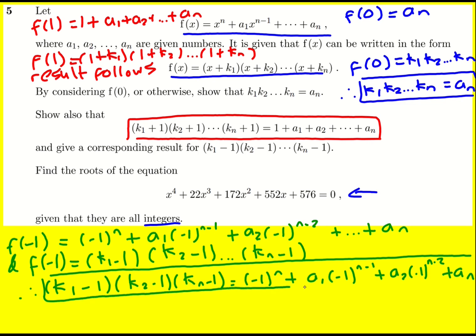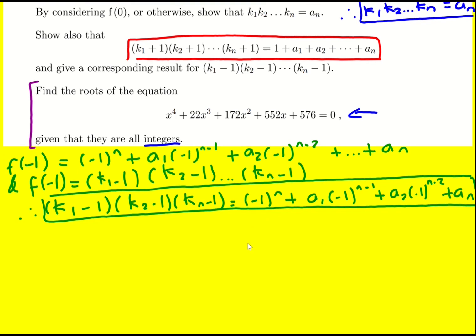So really, this is guiding us on the question. Rather than being the taxing part, we get these three results that we're now going to use. So find the roots of this equation, given that they're all integers. You could try and do some polynomial division for this. It could work out, but we're going to definitely follow through with the method that's intended to use these three equations to help us.